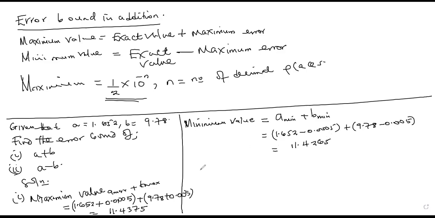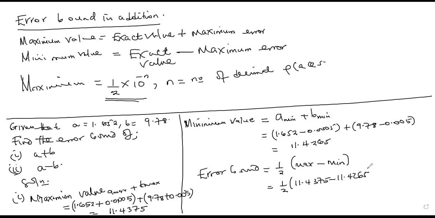So we said that to get the error bound, we take a half. Error bound is a half of maximum value minus minimum value. So this is going to be equal to a half of maximum, which is 11.4375 minus 11.4265.